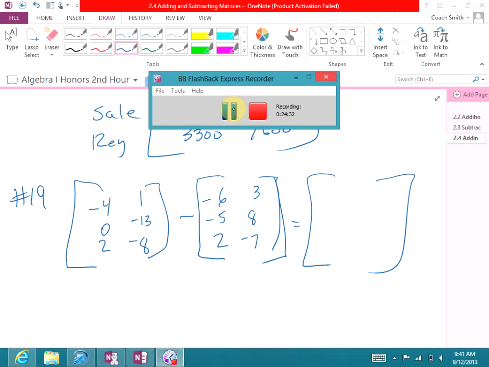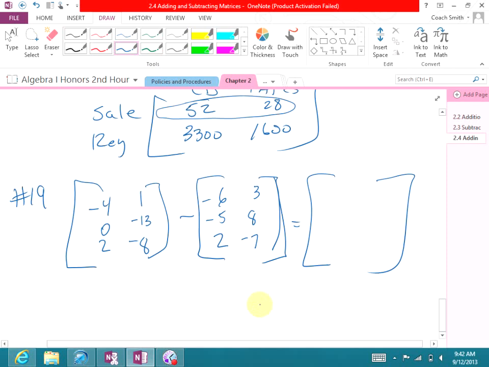All right. There's what number 19 looks like. Obviously, we've got to come up with the answer. I want to know the first column of the answer. Zach? The first column is 2, 5, and 0. Because you had -4 minus -6.